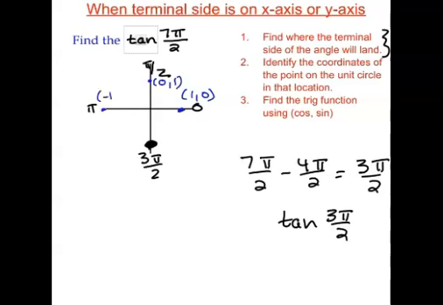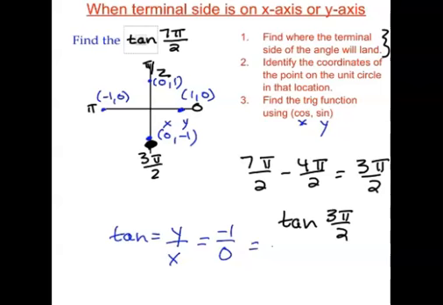This is (-1, 0), (0, -1). And remember that cosine is x, sine is y, and tan is y over x. A lot of times people want to go x over y. It's sin over cos. So my y is -1. My x is 0. And when you have 0 in the denominator, that is undefined.